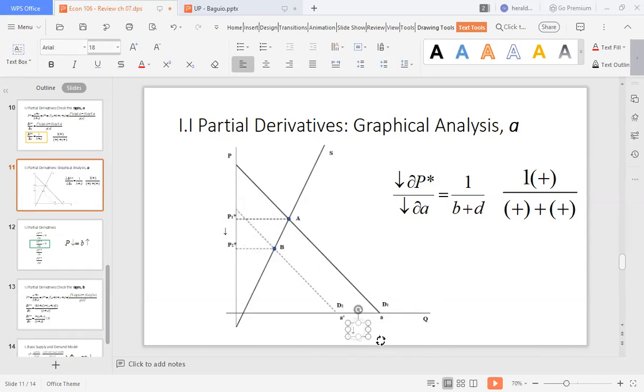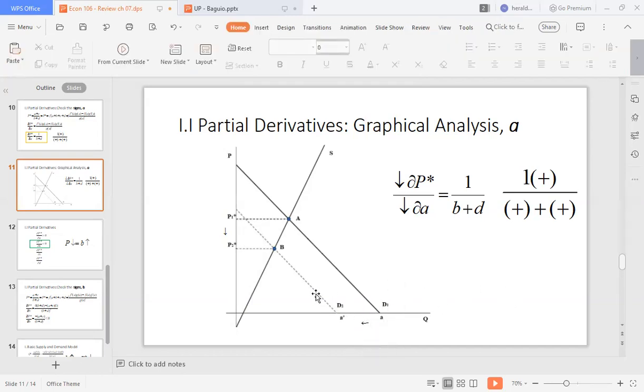So let me just correct: a decrease in A would mean a decrease in P. Again, our graph confirms that a decrease in A would bring a decrease in the equilibrium price.